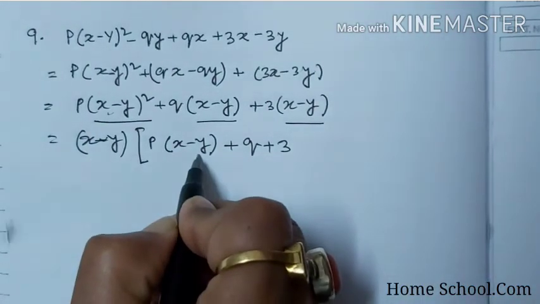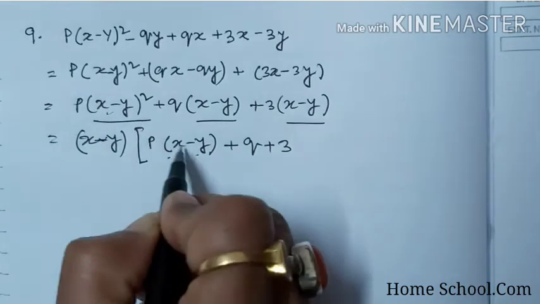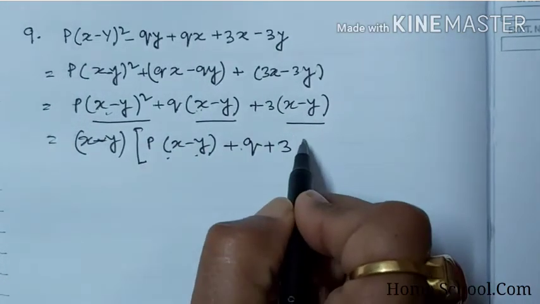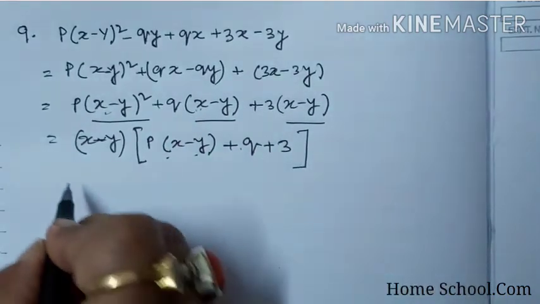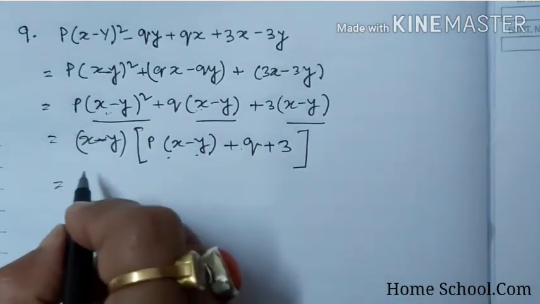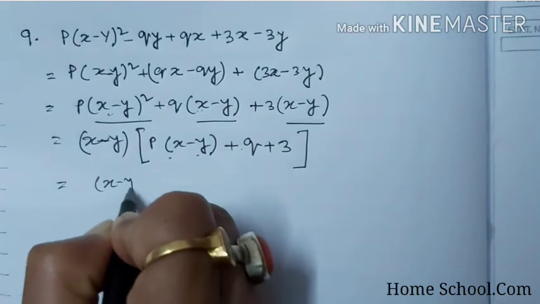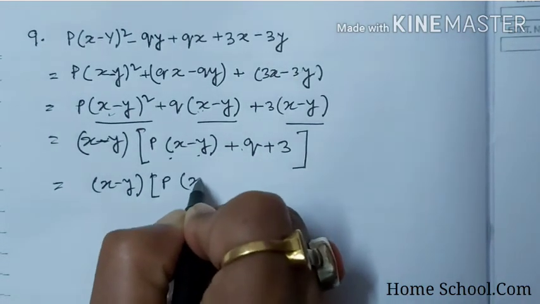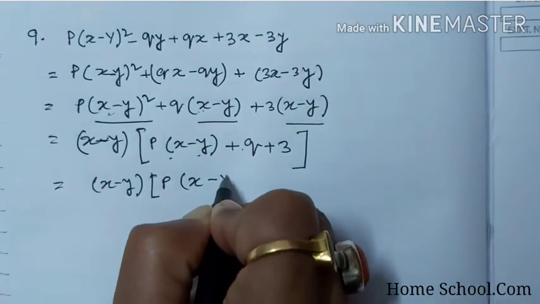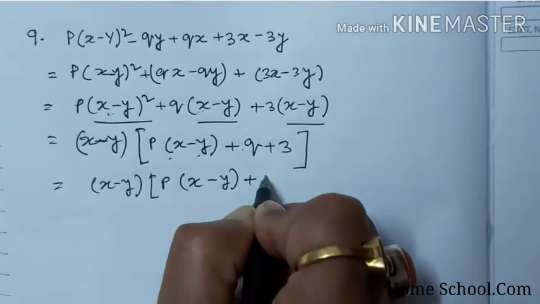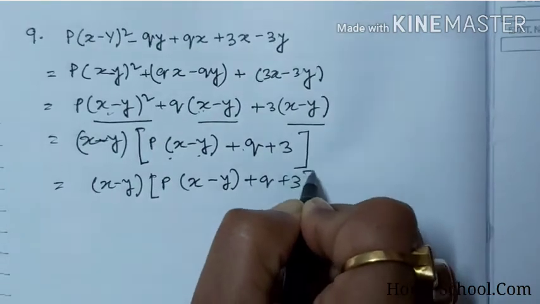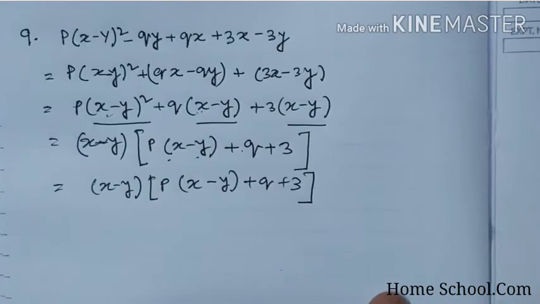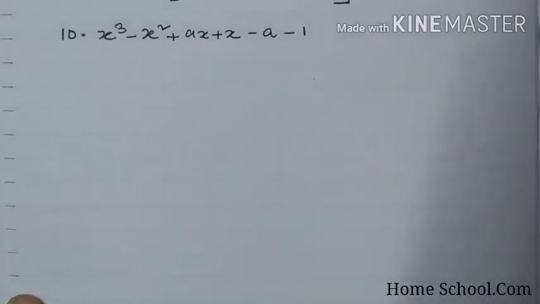Here p is as it is with x minus y, then q is left, and 3 is left. So the answer is (x minus y)(p(x minus y) plus q plus 3), as it is, or you can multiply it out. Clear?